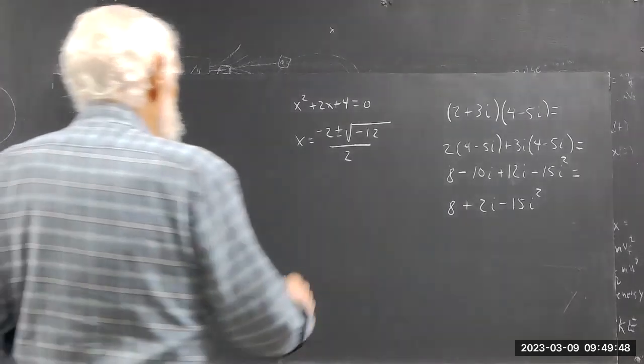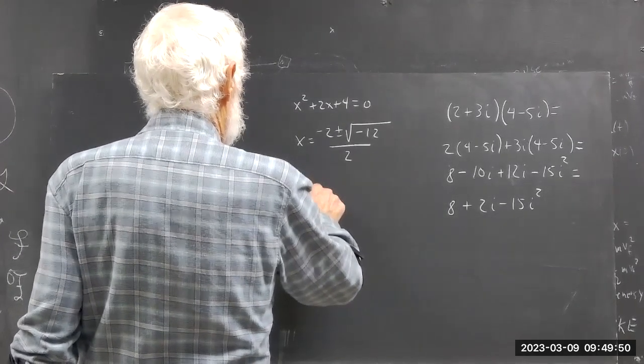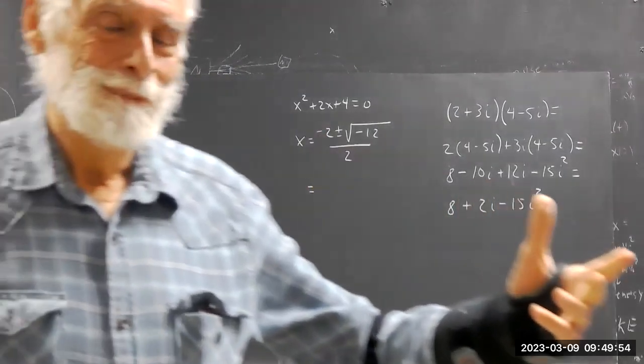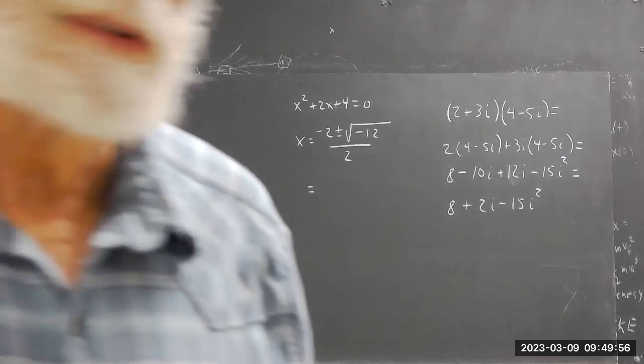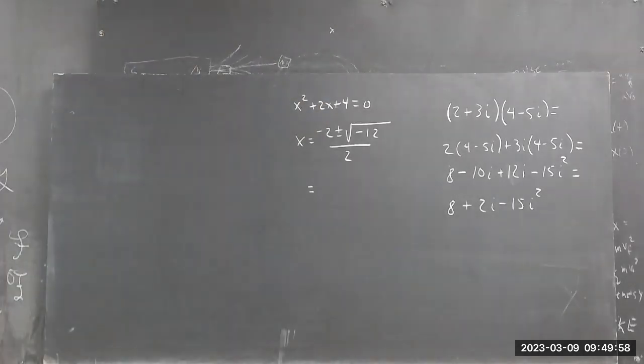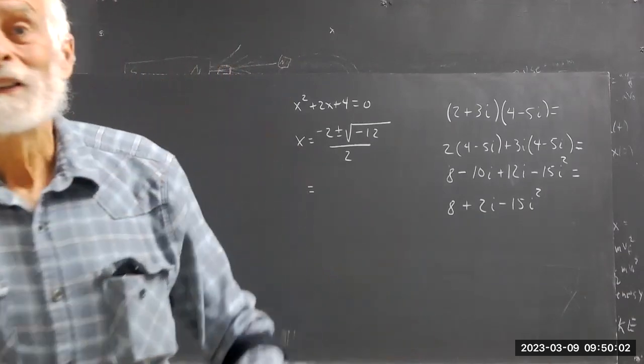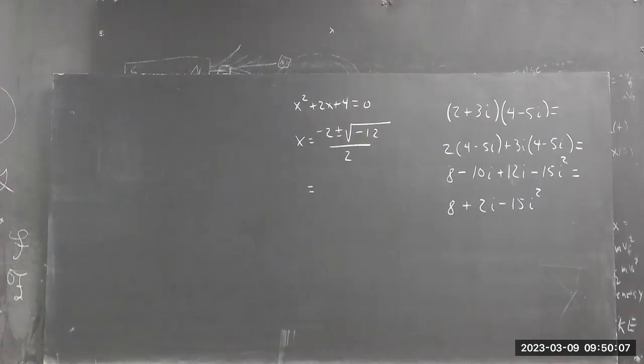So what's the square root of minus 12? What times what is minus 12? No, minus 6 times minus 6 is 36, right?